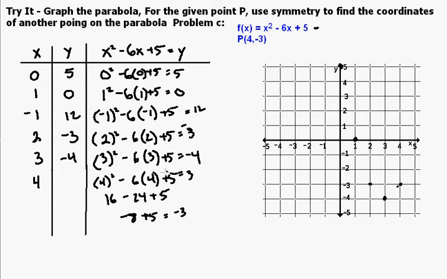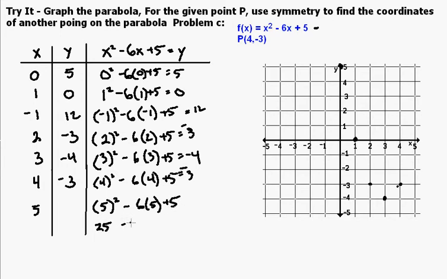Let's take one more point. Let's go 5. So when I plug this in, I have 5 squared minus 6 times 5 plus 5.